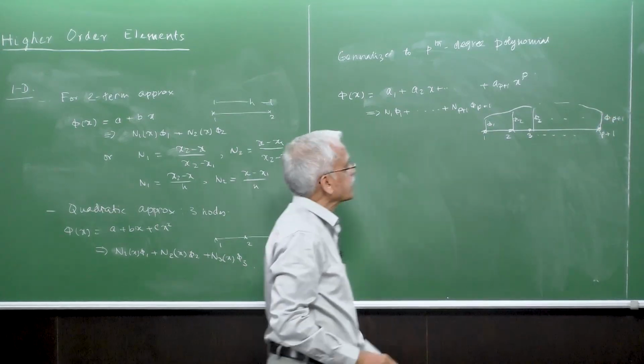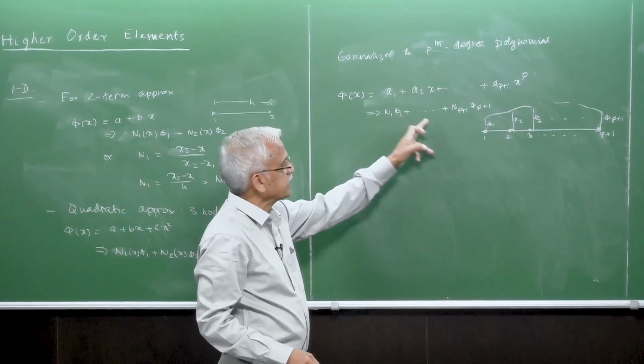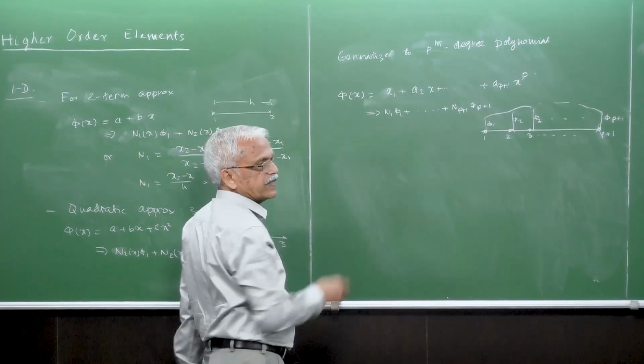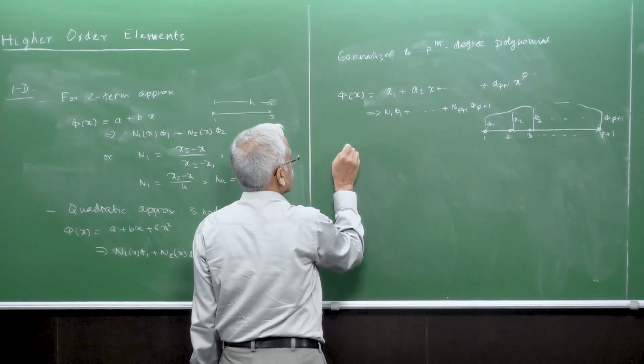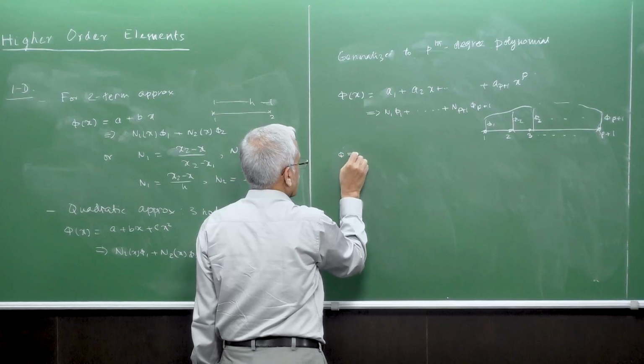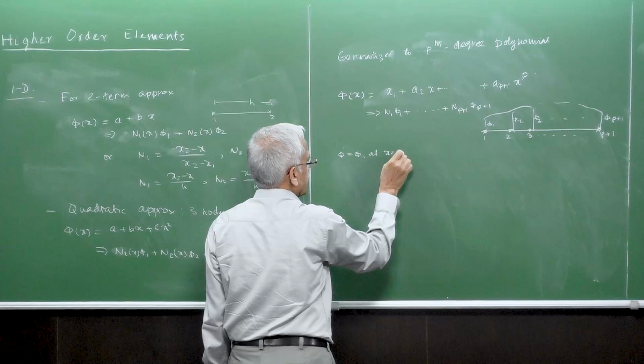So the procedure to convert these coefficients into these shape functions is just to make them equal. Like these two, so phi is equal to phi 1 at x is equal to x1, right?